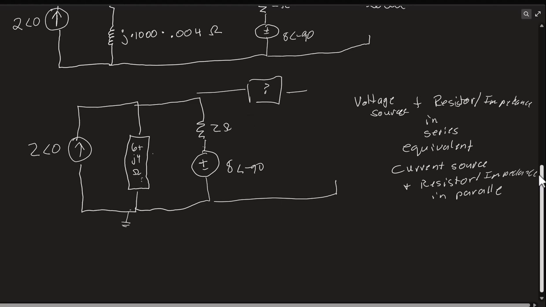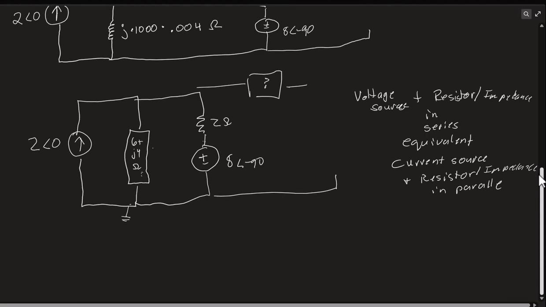Or I could change the current source and the impedance that are in parallel to a voltage source and a resistor in series. And in this instance, it would be easier, I think. So let me show you what our two alternatives would look like, and then we'll see which way we want to go.